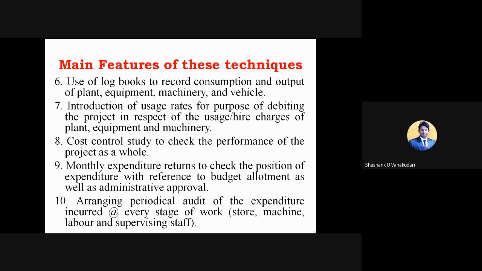For example, a construction project will have around 1 year of completion time, and that 1 year is divided into 12 months. So for every month, whatever expenditure is required can be released by the administrative department.